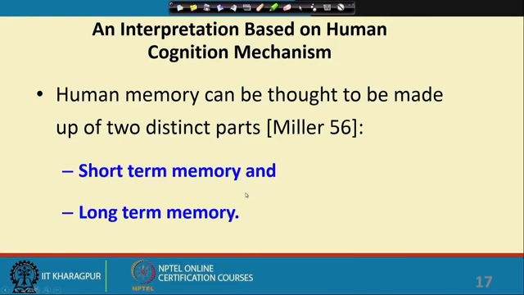As the name says, the short term memory is one where we remember something for only a small duration of time, maybe several seconds or just minutes, whereas long term memory remembers for months, years and so on. A short term memory, if it is there, we tend to forget it after some time.